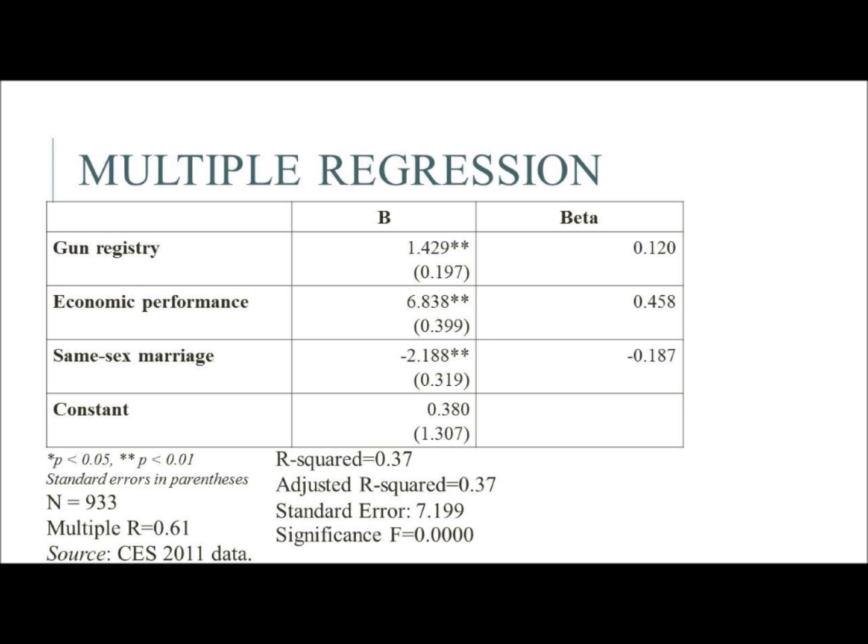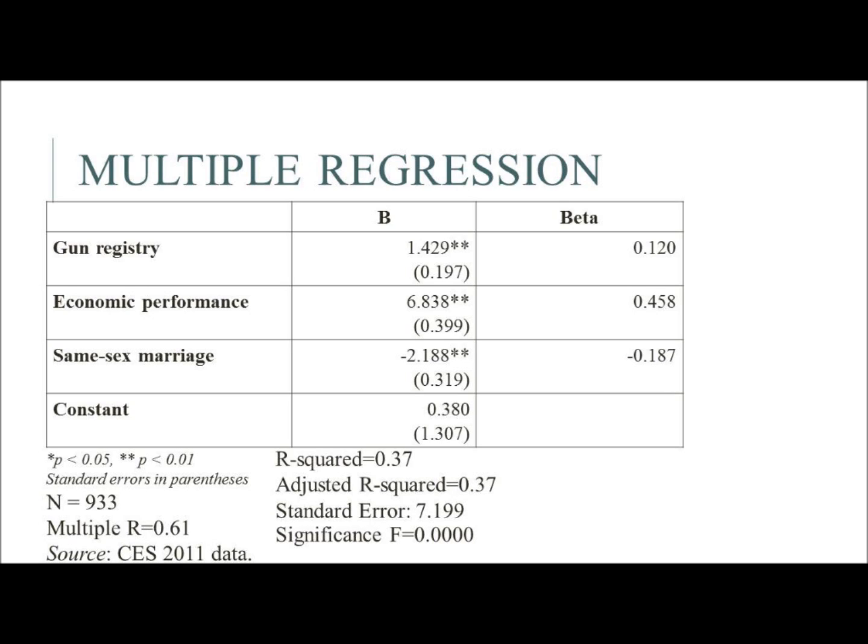We see that a category change in support for same-sex marriage is associated with a 2.188 unit change in conservative vote intention. However, the negative coefficient in this instance indicates an inverse relationship such that a unit increase on one variable causes a unit decrease on another variable. Again, each relationship is statistically significant at the 0.01 level, meaning that the results were not due to chance.